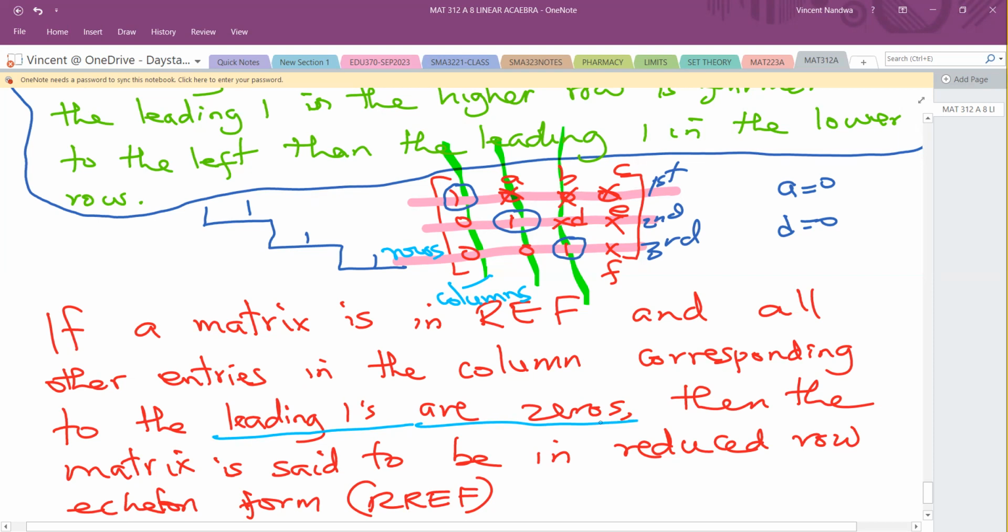What matters is the column with a leading 1. You don't go to just any other random column. The columns that matter are those with leading ones.